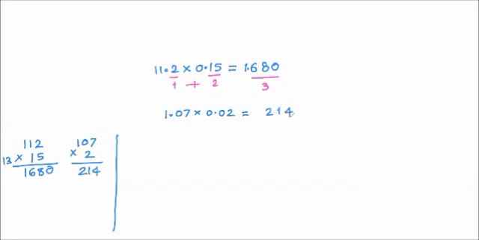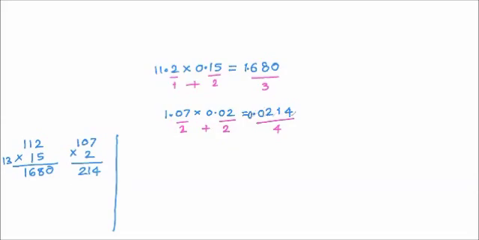Now count the number of digits after the decimal point. Here it is 2, here also it is 2. 2 plus 2 is 4, so we need 4 here. We already have 3, 1, 2, 3, so we need to take one more 0 before 2, and then we give the decimal point. So the answer is 0.0214.